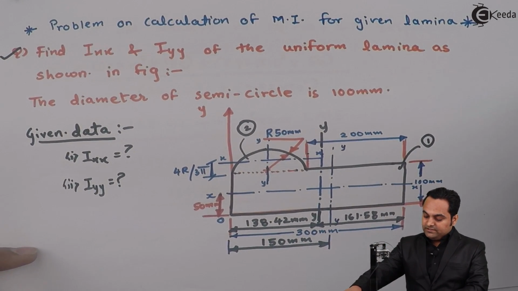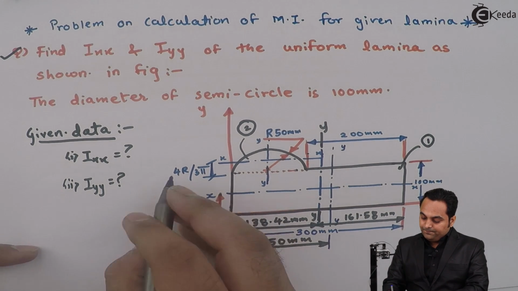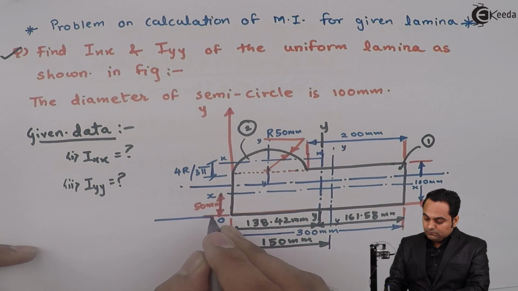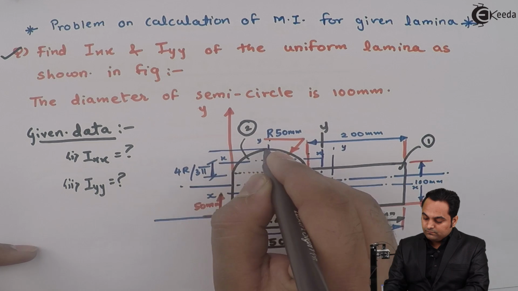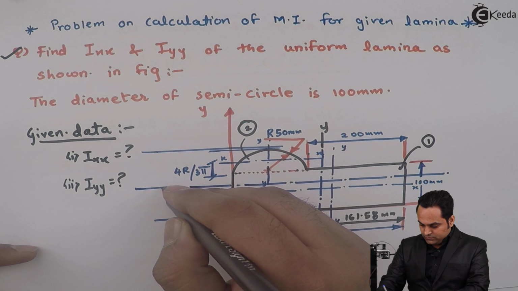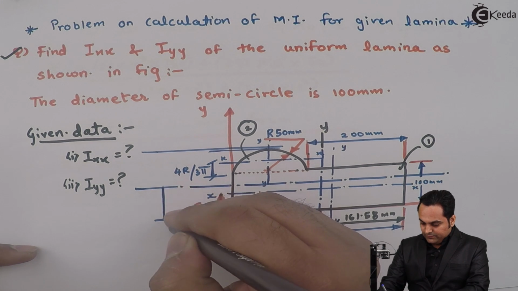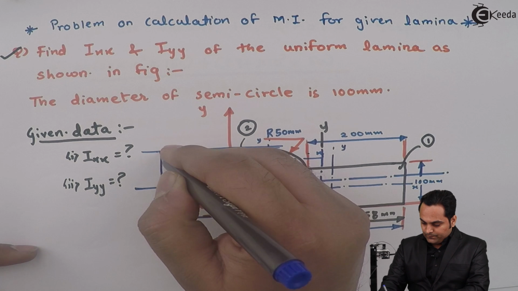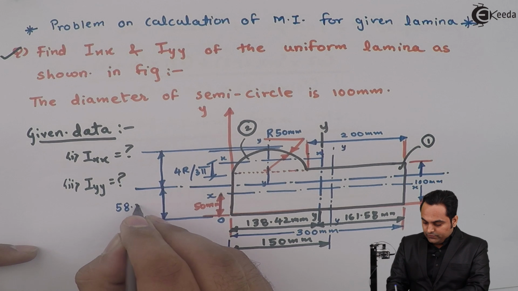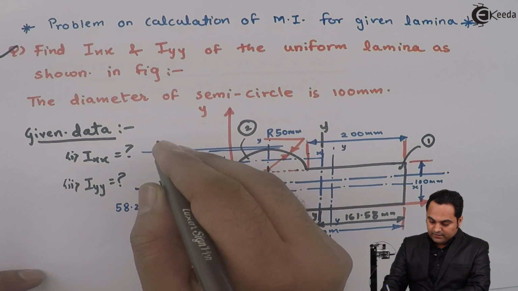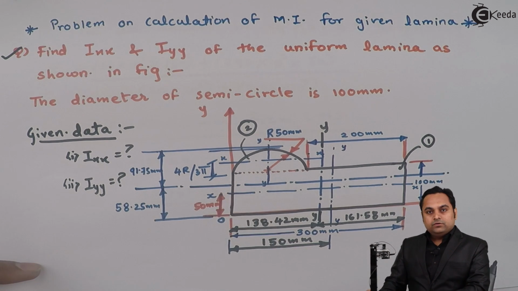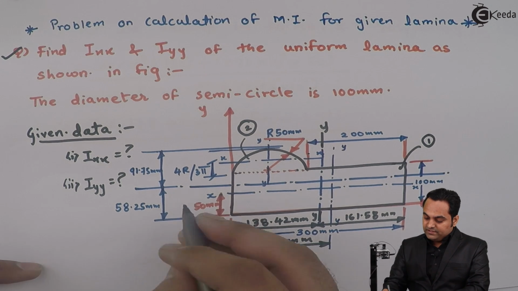So I'll mark that x-axis just above 50. So here we have the value as 58.25 mm from bottom, and from the top it is 91.75 mm. So here we have the location of x-axis.